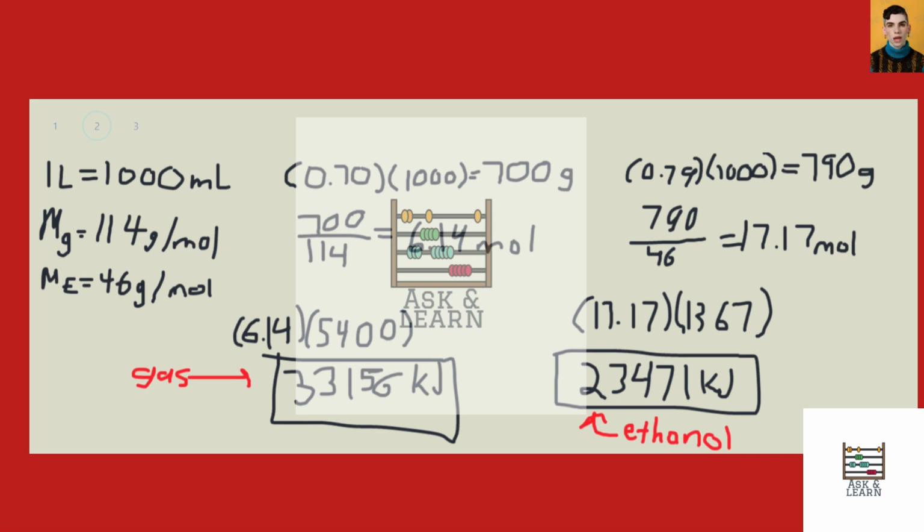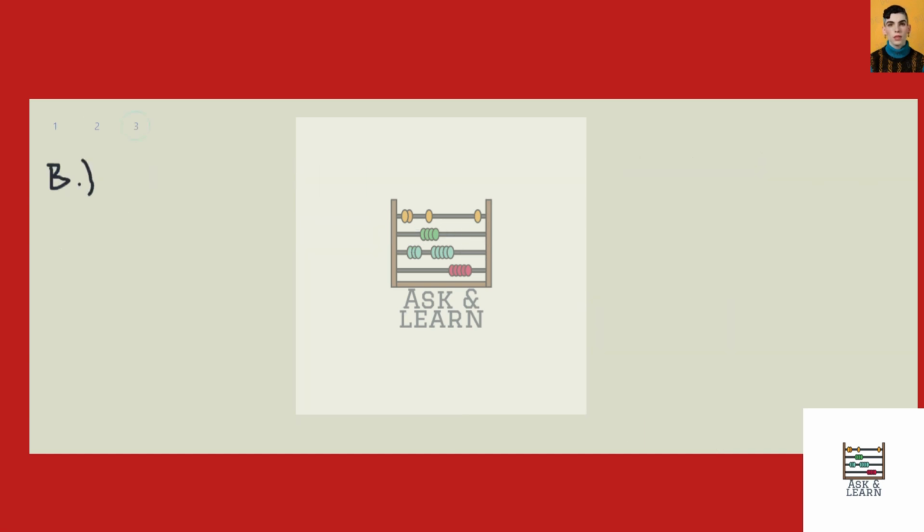If we have 85% ethanol, then we're only going to be producing 85% of this energy value. Conversely, if we have 15% gasoline, we're only going to be producing 15% of this energy value. So you can write it simply as this. We're going to add them together because we have a mixture of these things, so you have to add the energy.